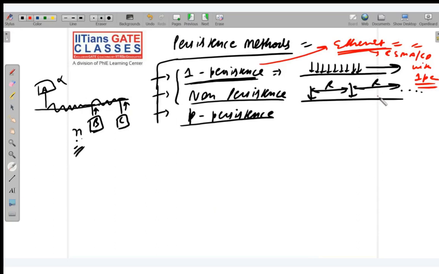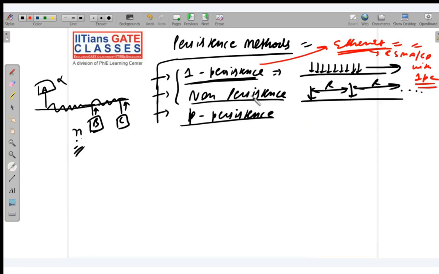So now we will write about non-persistence. In this method, if the station finds the channel busy, it waits for a random amount of time and then senses the channel again.